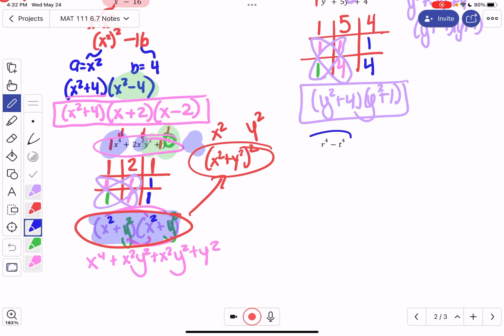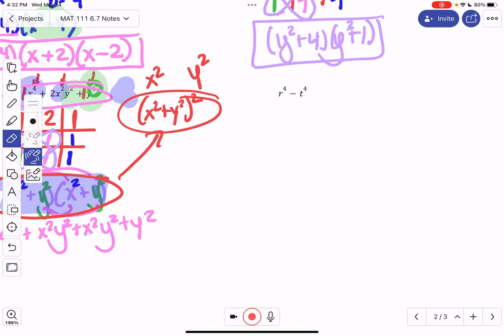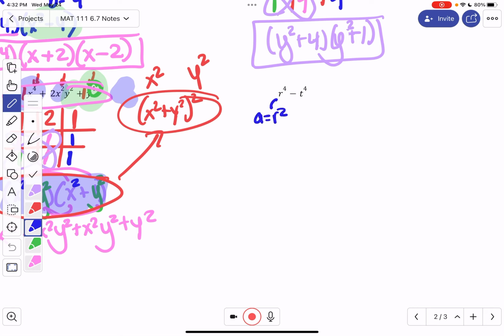So now this one is similar to this one up here with the x to the 4th, except both terms are to the 4th. So that tells us we may have to keep going. So if we start, a would end up being r squared, and b would end up being t squared.